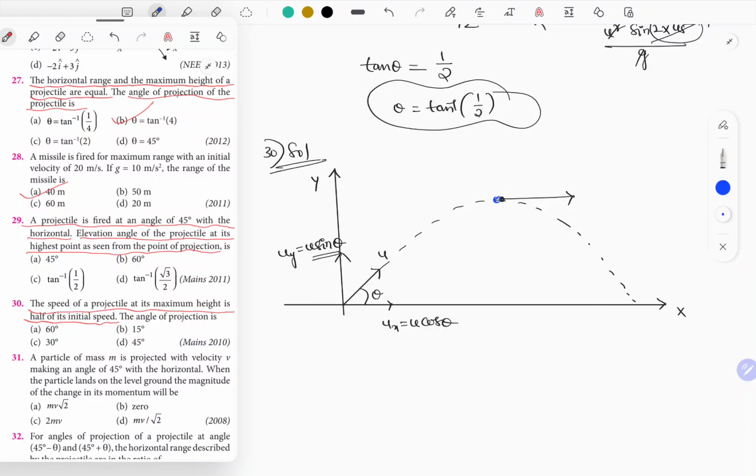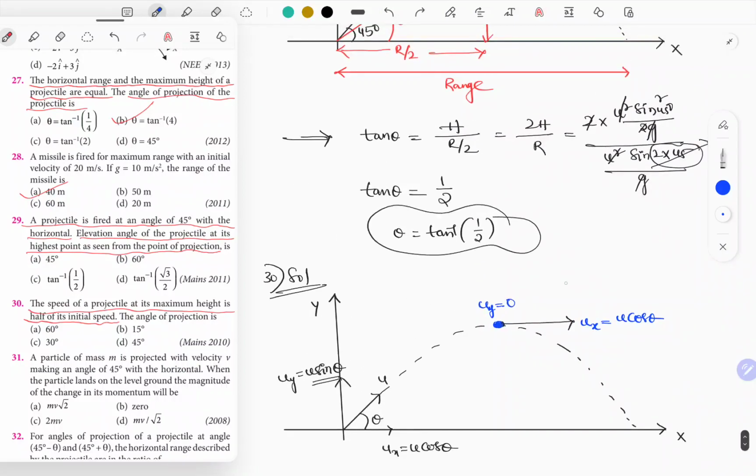So at the maximum height, only the horizontal component of velocity is present, that is u cos theta. The vertical component of velocity is equal to 0. So what is the point? They said the speed of the projectile at its maximum height.